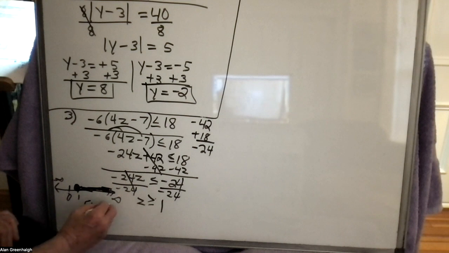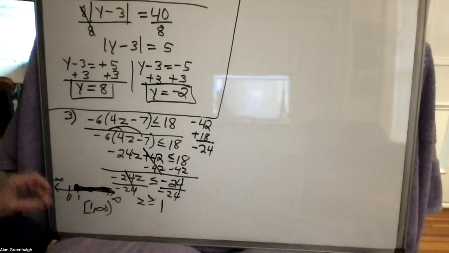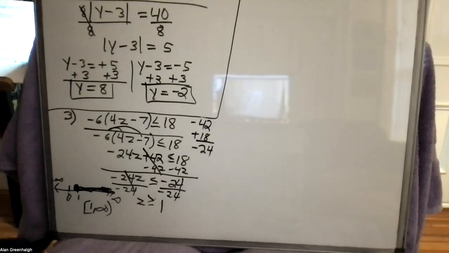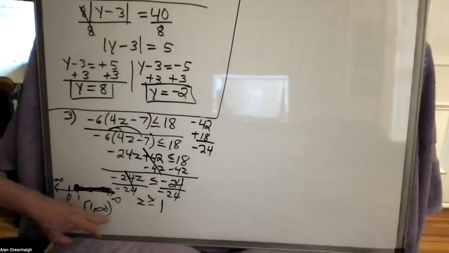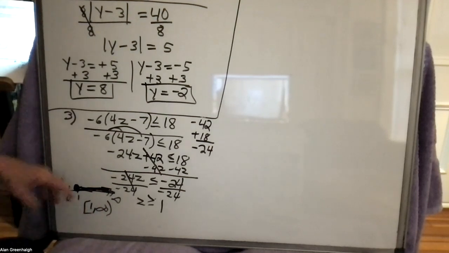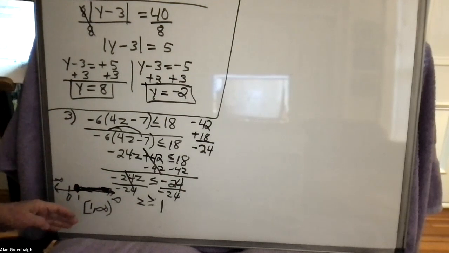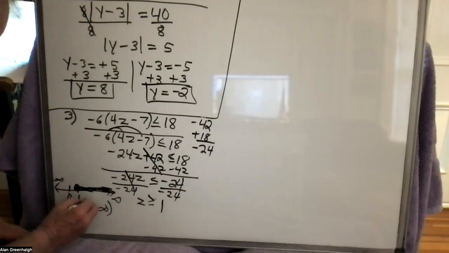Many people did not make it clear between the bracket and the parentheses. This must be clear. You can't make a bracket and make it look like a parentheses. You have to make it very, very clear that this is a bracket.